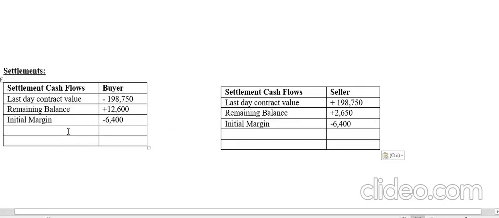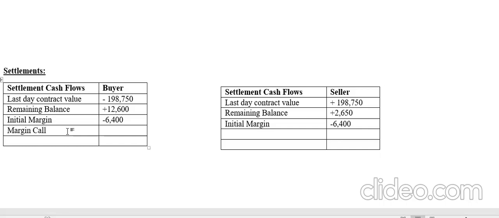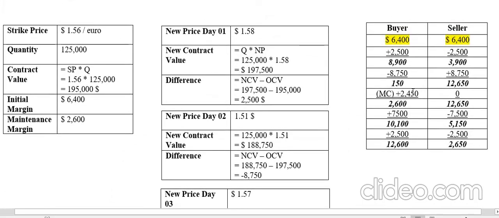Now, did we have any margin call for the buyer? Yes, we had a margin call for the buyer, which means that the buyer brought extra money from his personal assets and deposited it in his account with the clearinghouse. How much money was brought? The money brought was 2,450.